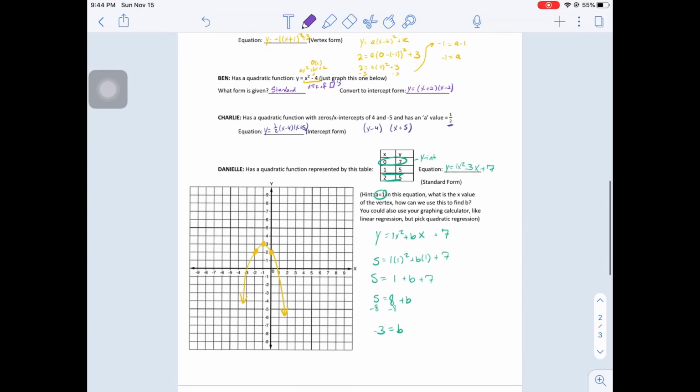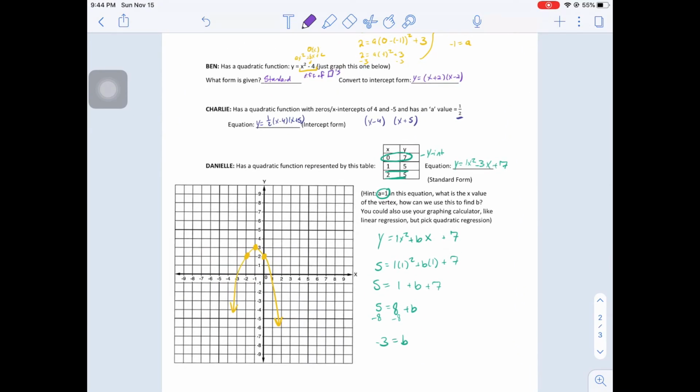The next one is Ben's function. Ben's function has intercepts at -2 and +2. Okay. We know it's opening up because the a value is 1. We need to find the vertex here. So the vertex is going to be at 0 because it's directly in the middle.